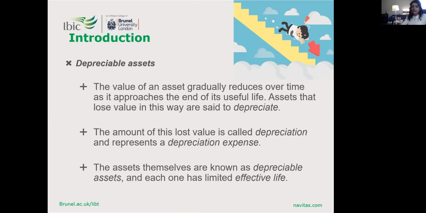We look at how this value changes during the asset's useful life, and the amount of lost value is called depreciation and represents the depreciation expense. The assets themselves are known as depreciable assets.